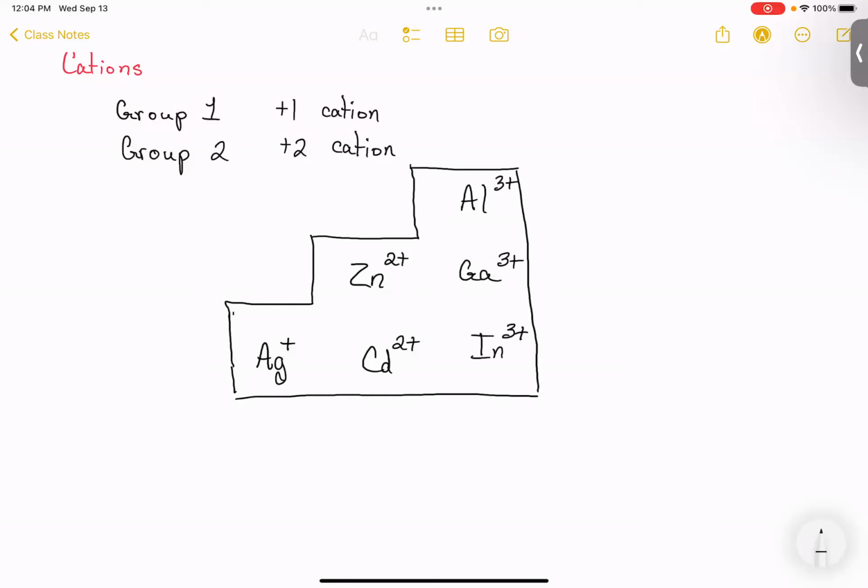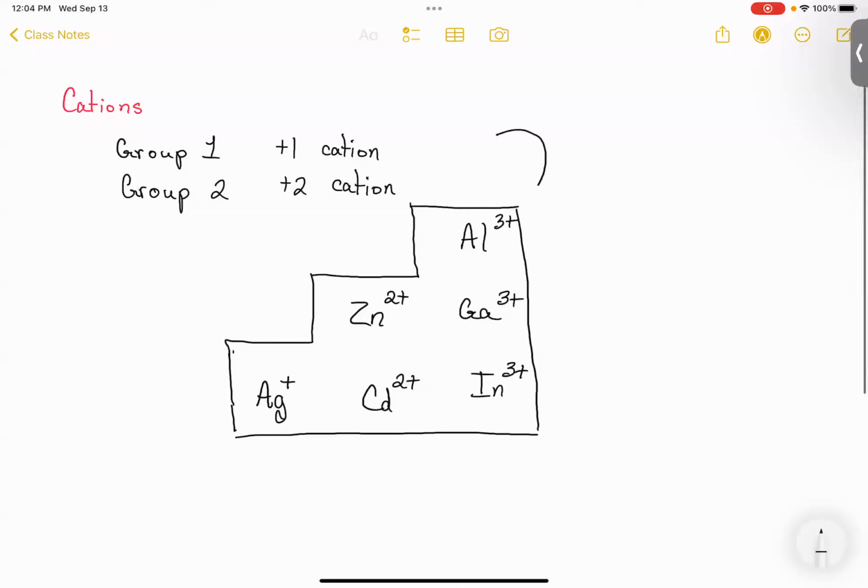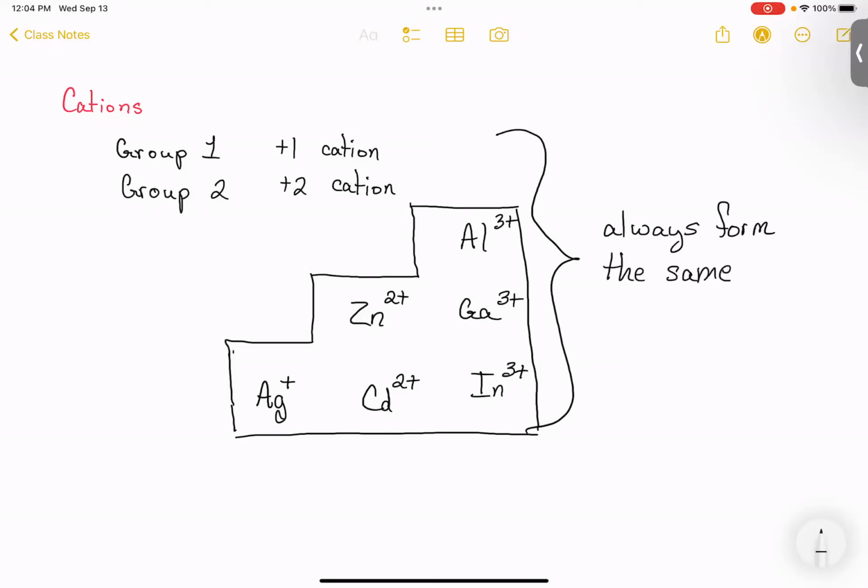If you do not know these cations that always form the same charge in an ionic compound, then you are not going to be able to properly name ionic compounds.